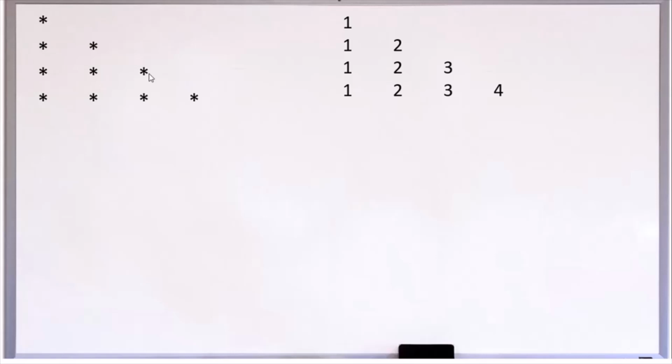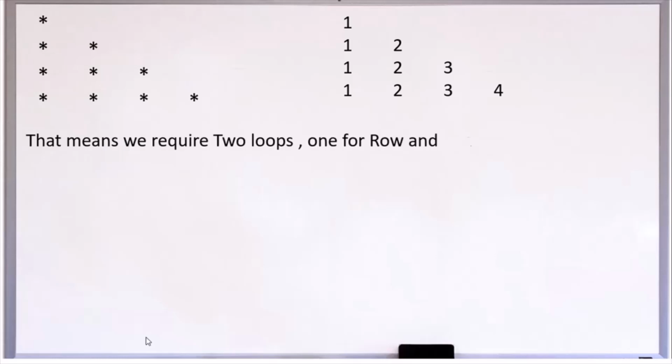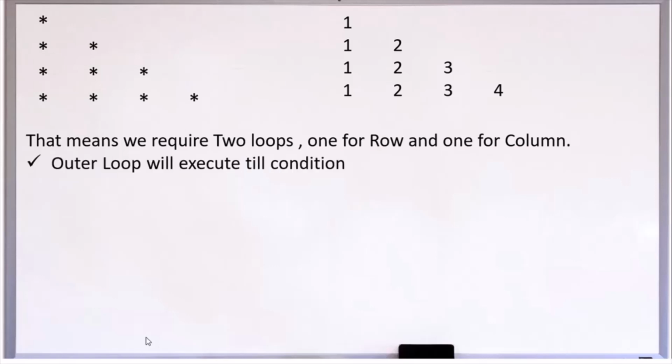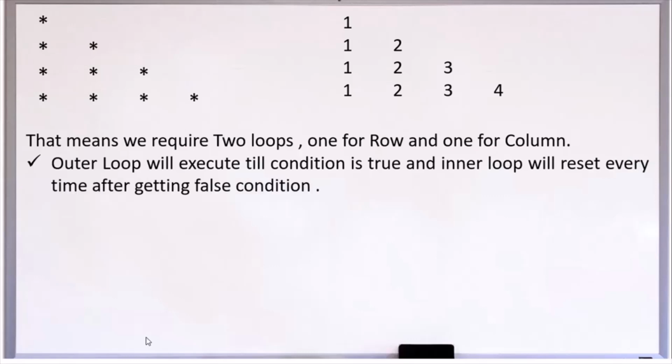You have to remember one thing about nested loops. When we say a nested loop, we always require 2 loops here, one for the row and one for the column. Always remember this: the outer loop will execute till the condition is true, and the inner loop will reset every time after getting the false condition.